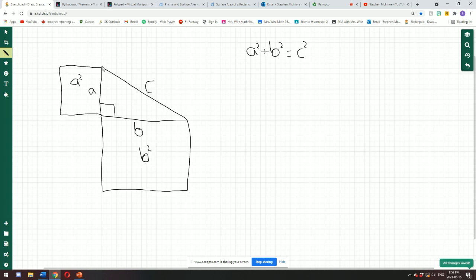And if we multiply C times C, I don't know if I'll have enough space here, we'll get a square of C squared. So the area of this small square A squared plus this square B squared will equal the square C squared.